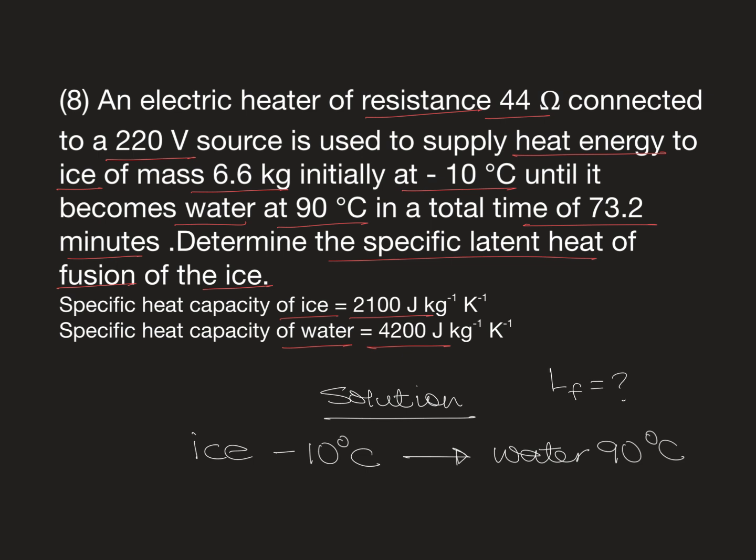The first thing we will try to do is to find ways of calculating the total energy that is involved in the conversion of ice from minus 10 degrees Celsius to water at 90 degrees Celsius. So let us try and draw the heating curve.